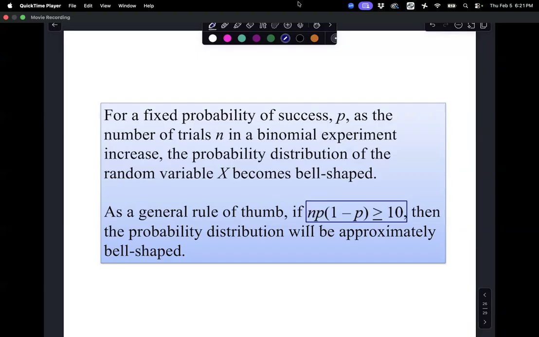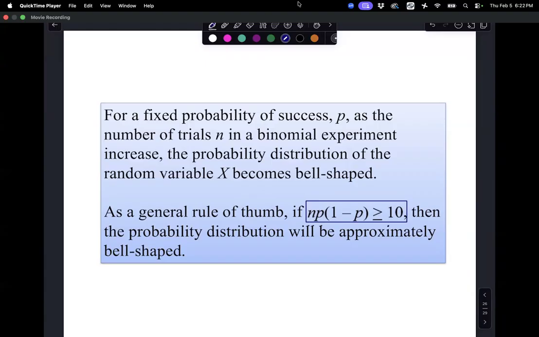It is going to be more and more normal or bell-shaped as we increase our trials. Quite possibly in one of the quizzes, you're going to be asked what happens as the number of trials increases, or what causes this to be bell-shaped.